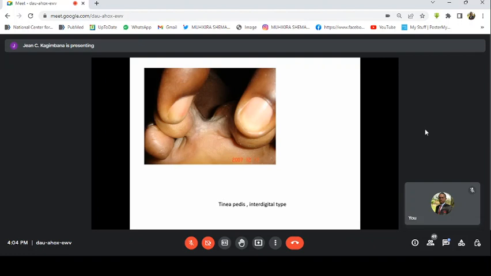You don't dry well, and then the humidity favors fungal, dermatophytic development. Which means always take time to clean and dry well this digital web space. Okay?